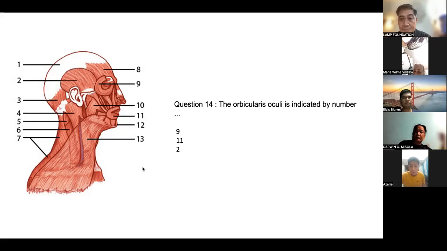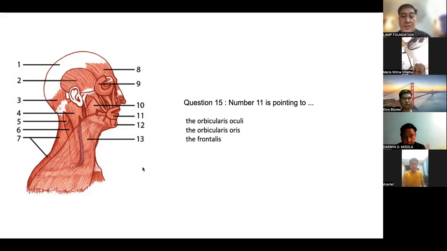Orbicularis. Number 9, Doc. Okay. Number 11 is pointing to what? Wait lang, Doc. Oris. Wait lang, Doc. Nararatil ako. Bakit ka nararatil?